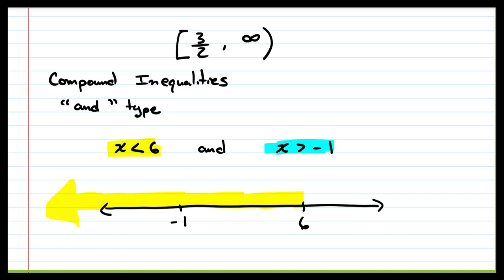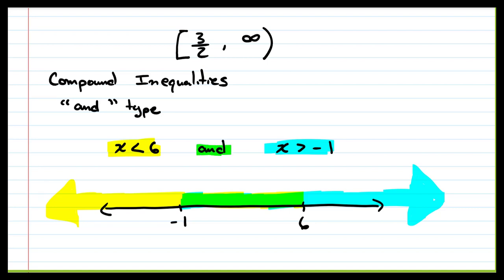And then I have my blue inequality now. So x is greater than negative 1. So I'd go to negative 1, but then I would have to shade everything to the right. Well, and means I need both of these statements to be true.